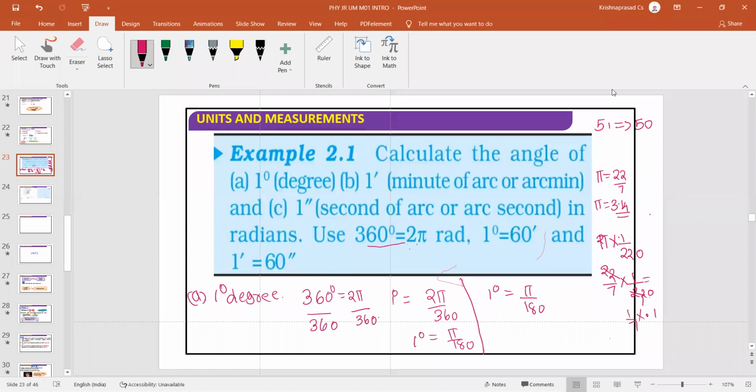Sir, can you show the calculation again? Okay, why not. Suppose pi multiplied by 1 divided by 220.